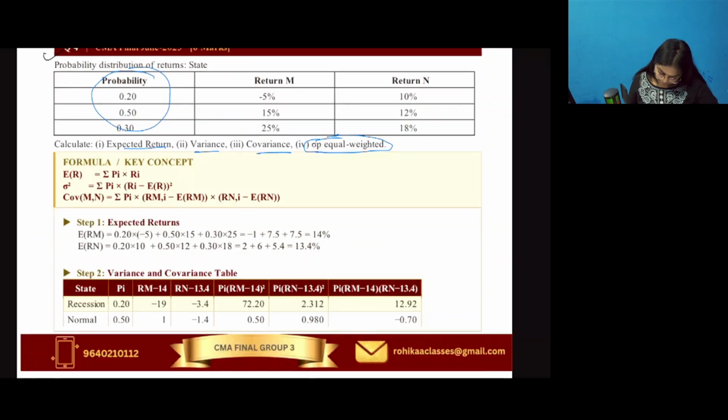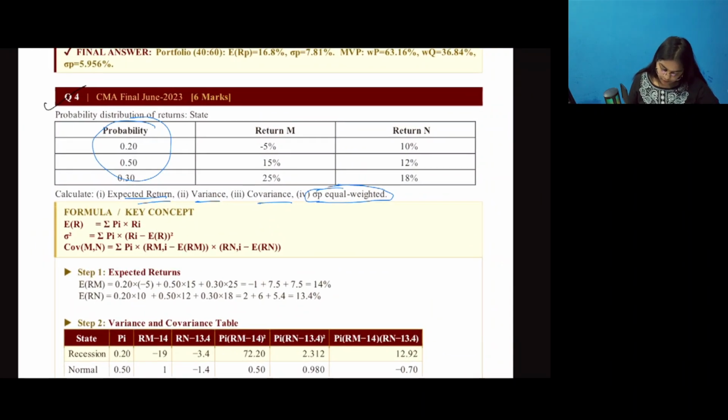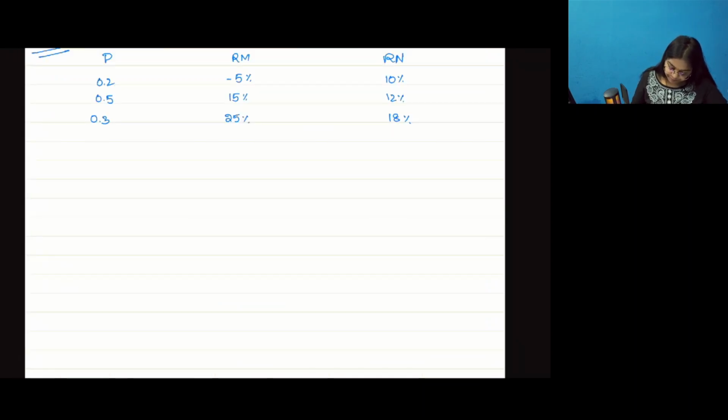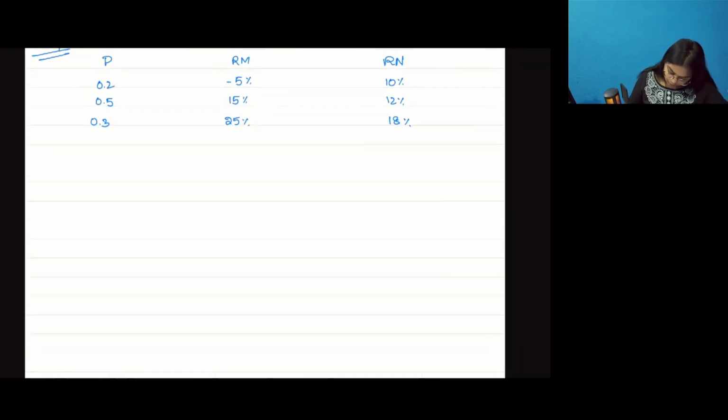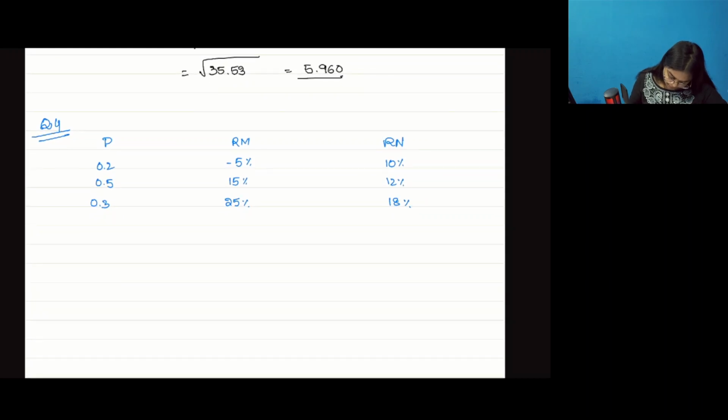So they asked us to calculate expected return, variance, covariance for the equal weighted portfolio. First we'll go with sigma m.